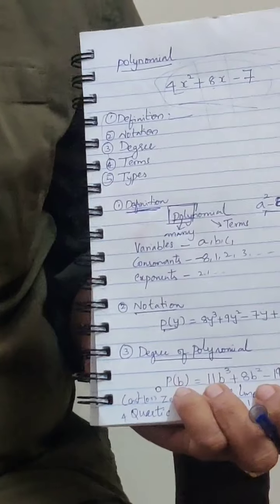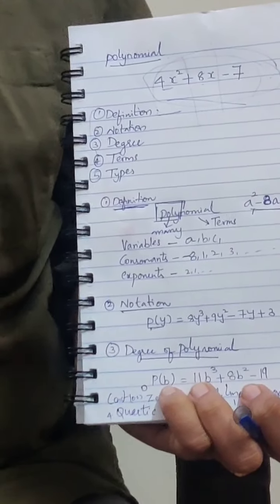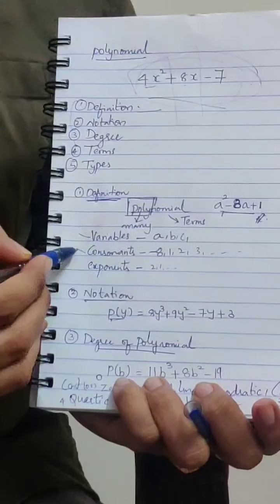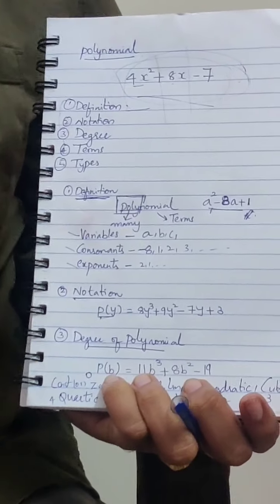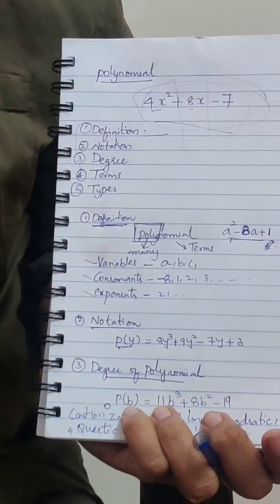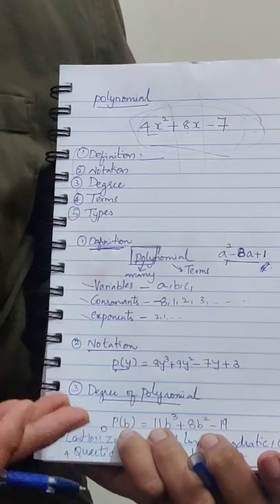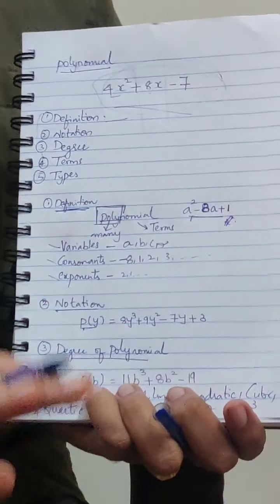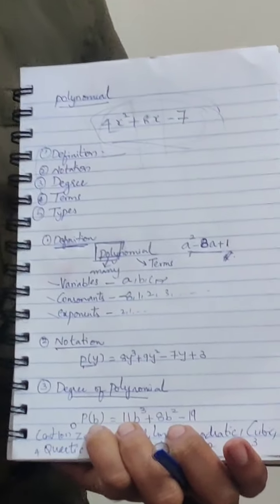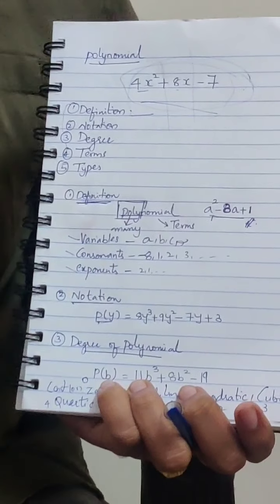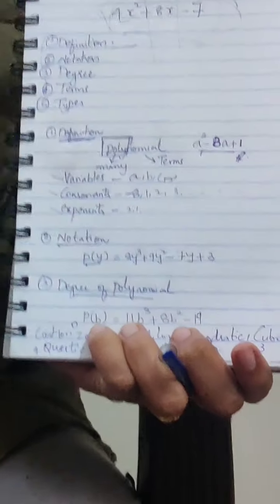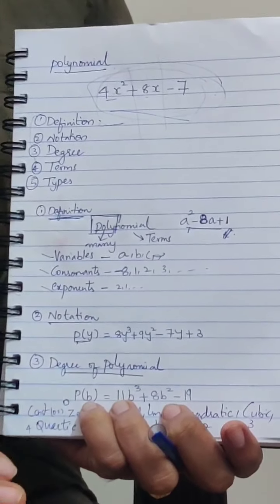We can segregate a polynomial into three kinds: variables, constants, and exponents. Variables are not numeric terms; they can be Roman letters, alpha, beta, or whatever, but they should not be a constant number. Any term which is numeric, we call a constant.